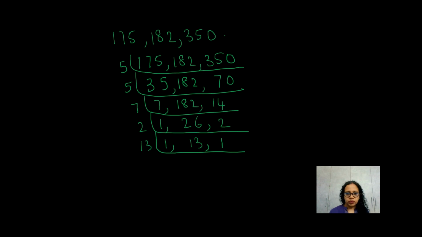Thirteen is a prime number, so we'll just take 13 as it does not have any other factor. So now the LCM of all these numbers is 5 into 5 into 7 into 2 into 13, which will give you 4,550.